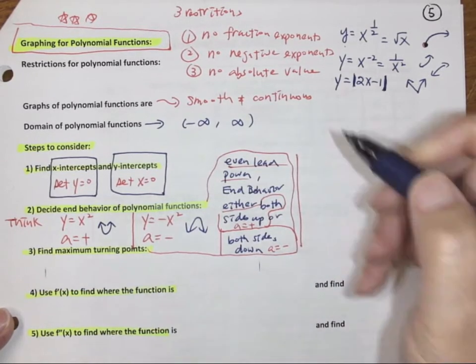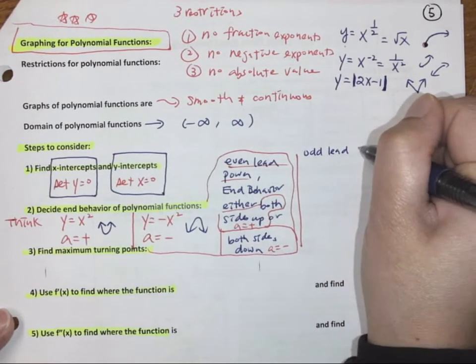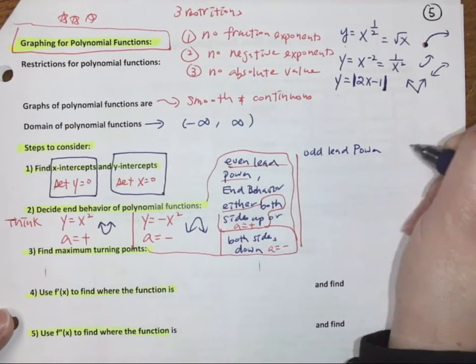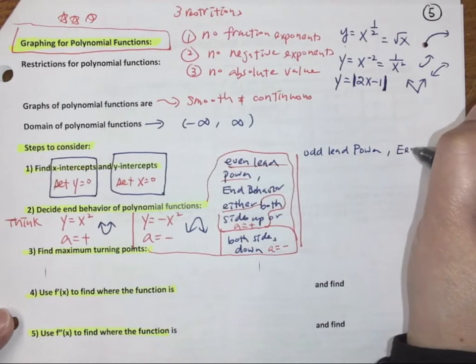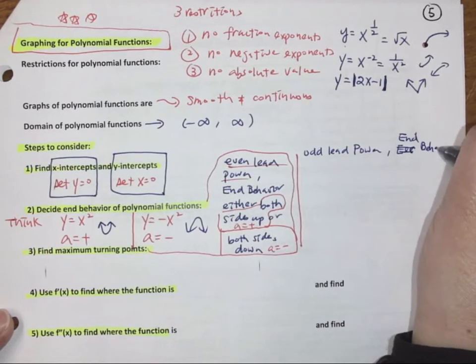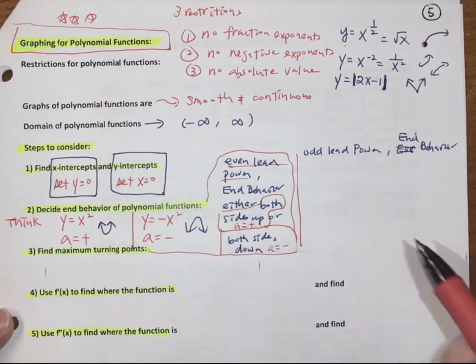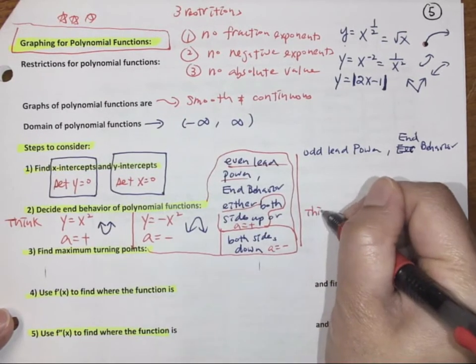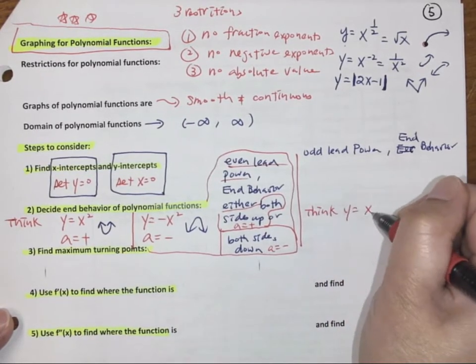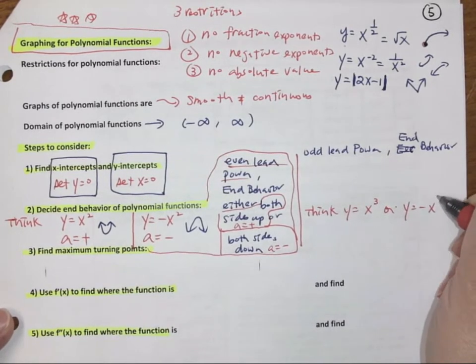So what if I have odd leading power? What would be the end behavior? Again, I would suggest to think about something you know. You can think about y equal to x cubed or y equal to negative x cubed.